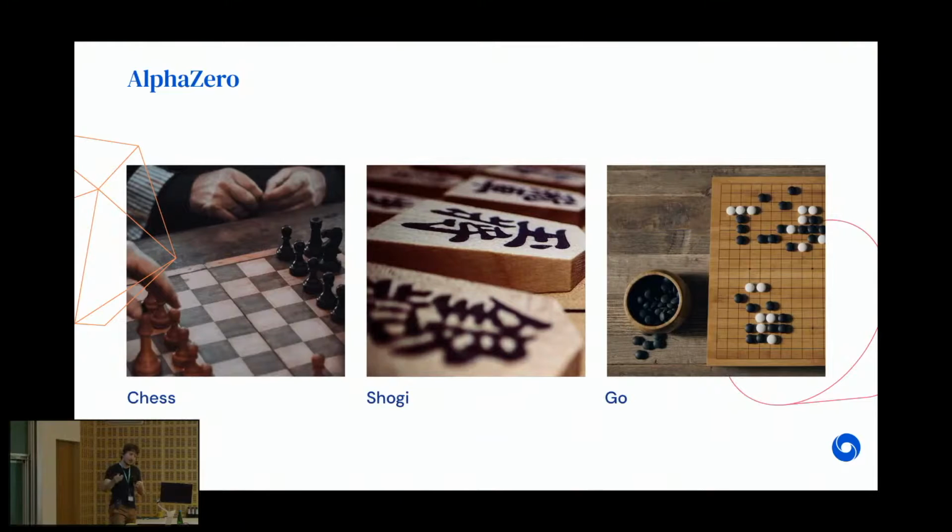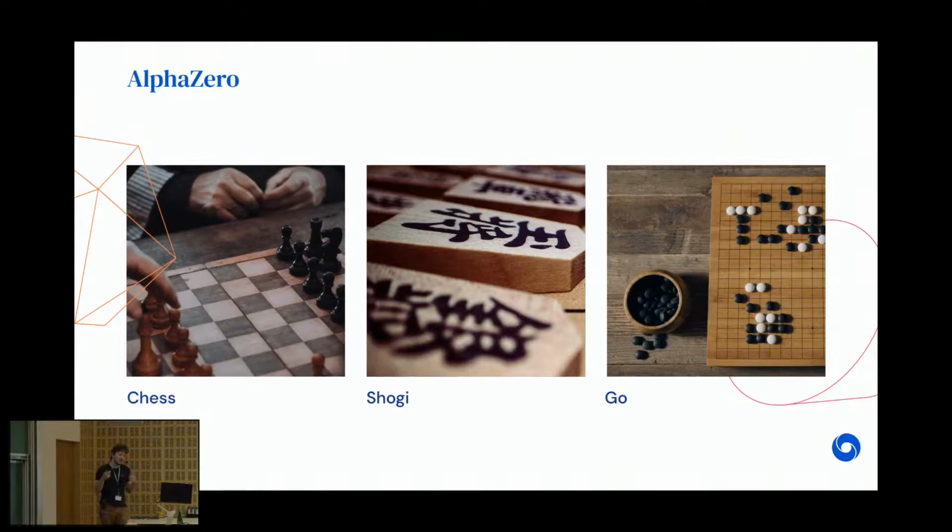And following that, the company has developed a next version of the system called AlphaZero, which generalized to multiple other human games, such as chess, shogi, and Go itself. And it managed to play all these games without any prior human knowledge encoded, such as expert games. That's what the zero in the name refers to.